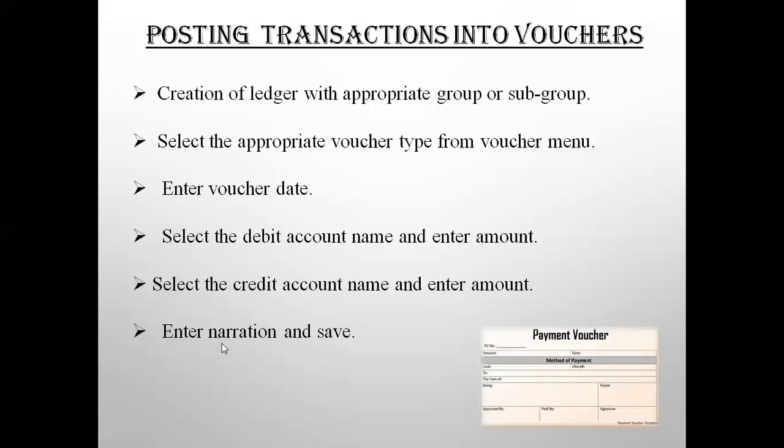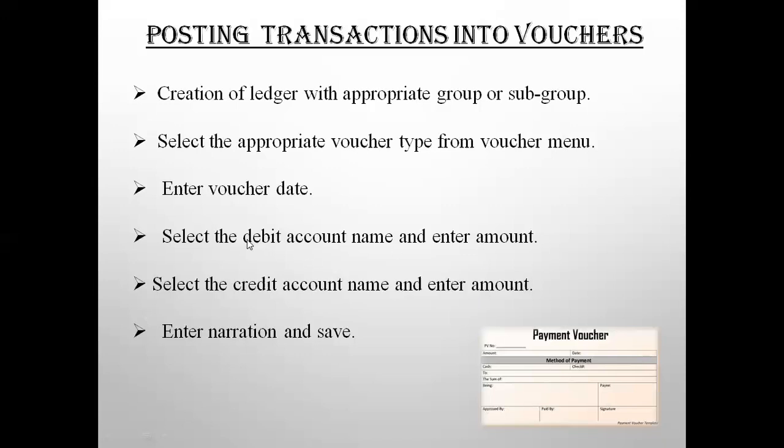And then you have to enter narration. This is optional. Narration, if you want, you can enter, just type the text and save the entry. If you have two debits and one credit side, your amount will be more on the credit side, less on the debit.